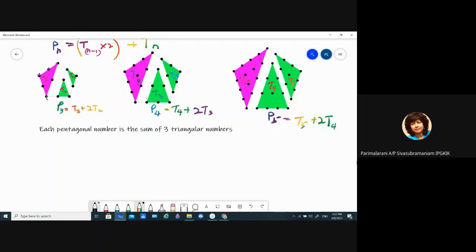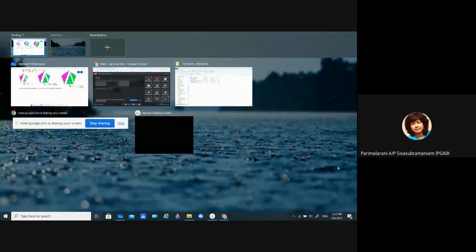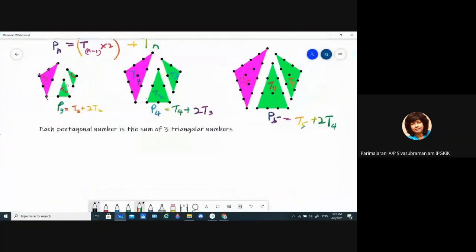Each pentagonal number is a sum of 3 triangular numbers. So P3 is T3 plus 2 T2.